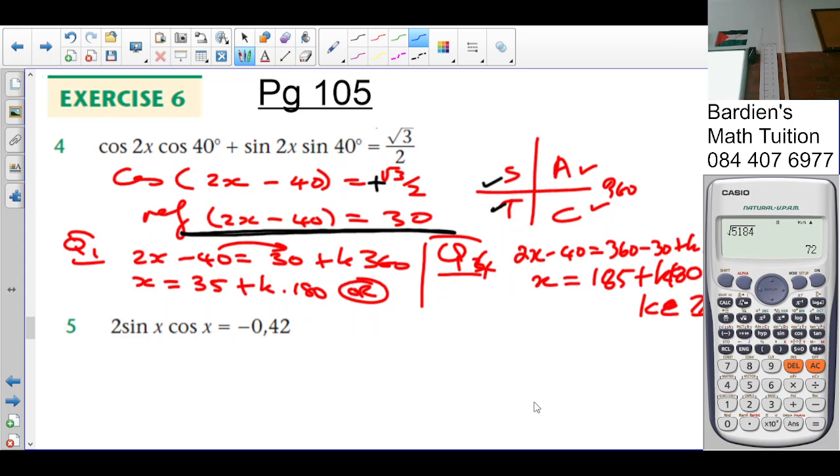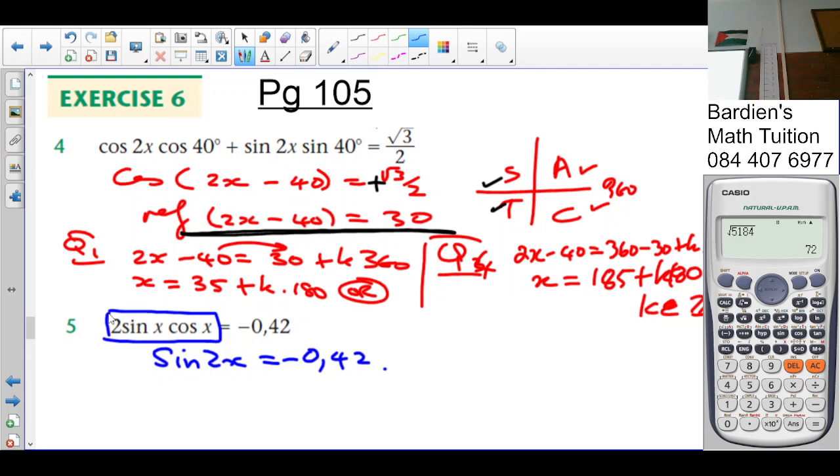So what you should note here, what should this remind you of? 2 sine x cos x. What does it remind you of? The sine double angle. Not so. So this can be written as sine 2x is equal to negative 0,42. So what do you ask yourselves now?